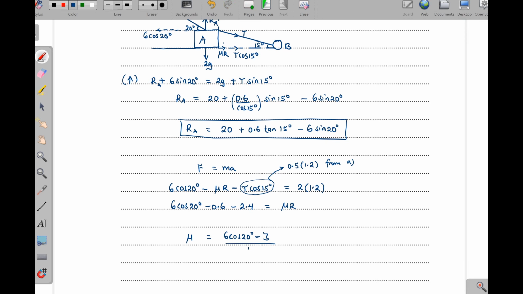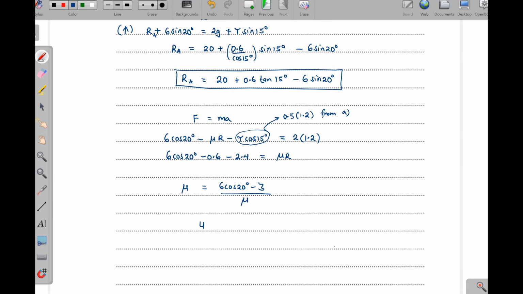Then we divide by R. So mu shall be equal to 6 cosine of 20 degrees, then minus 3, then we divide by this whole thing here, which is 20, then plus the 0.6. Let me repeat this, plus 0.6 tan of 15 degrees, then minus 6 sine of 20 degrees.